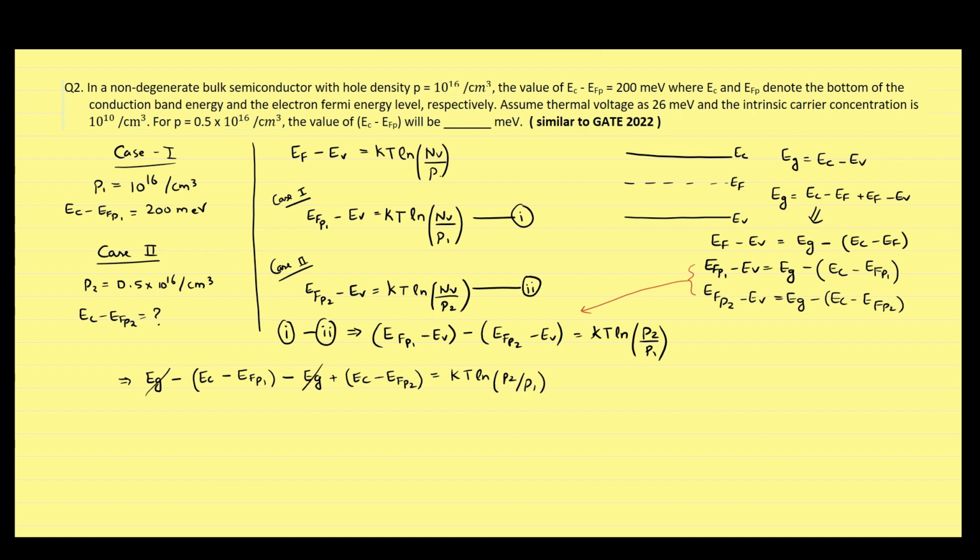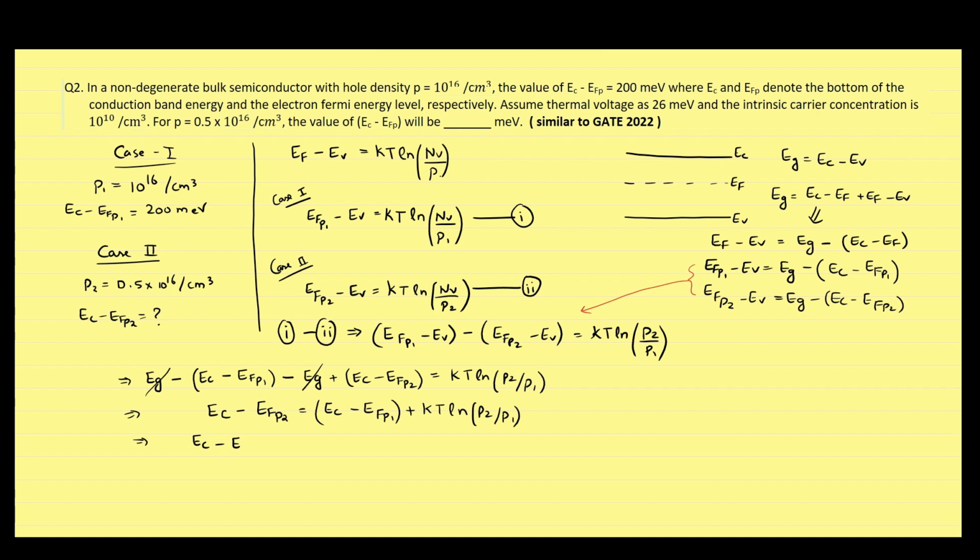EG will cancel out, which will give us EC minus EFP2 equal to EC minus EFP1 plus KT ln P2 by P1.